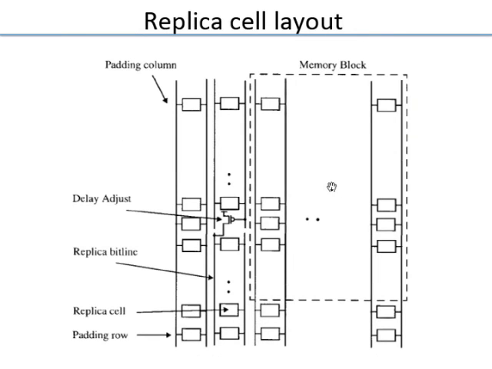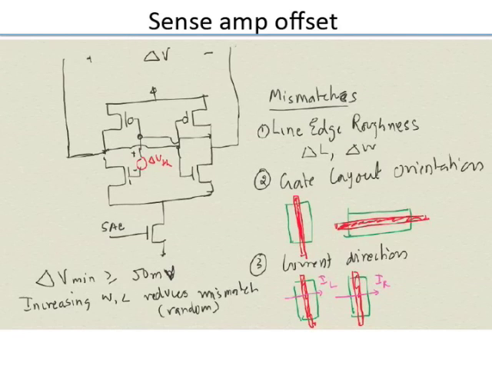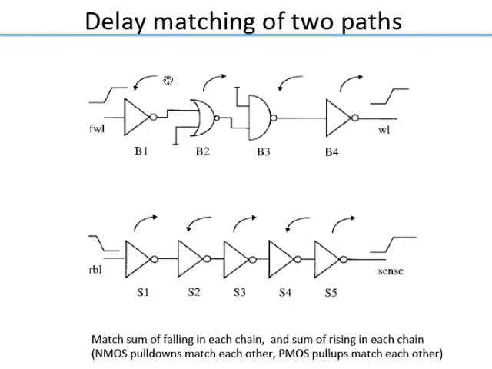In the earlier slide, you just told matching PMOS and NMOS. What is the concept? The concept is that you want to match the delay out here. We want to match these two delays, FWL to word line rising and RBL to sense rising. It consists of this falling, this rising, this falling, this rising.